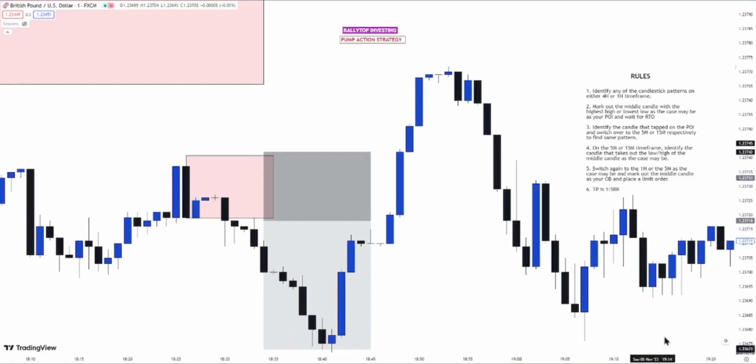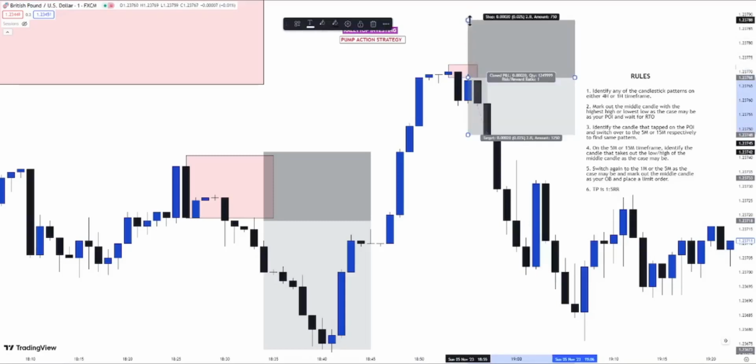Can you see that? So this is our next trade we would have taken. Let me show that to you. This is our OB here. This is a powerful strategy, guys. That's our OB there. So we would have taken a trade from there, going short. This is a banger, guys.